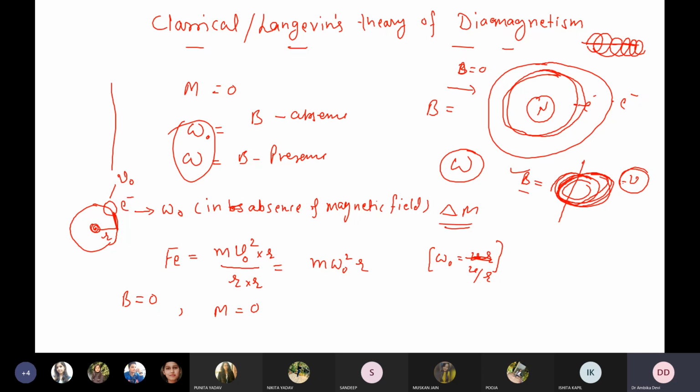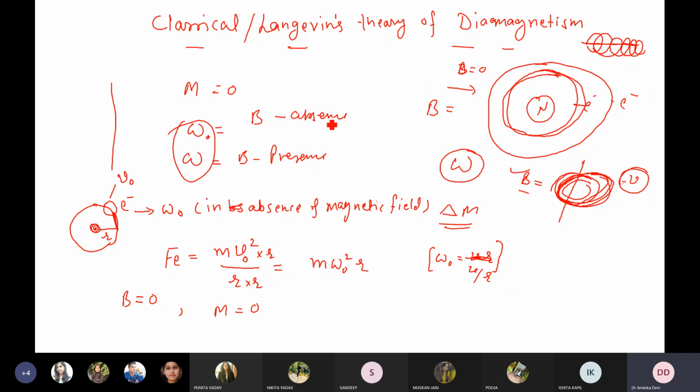Then we started with this Langevin theory, which is the classical theory of diamagnetism based upon Bohr's model of an atom. In this theory, I told you that since the electrons are revolving around the nucleus, it will behave like a current loop, and hence a magnetic moment will be generated in a direction opposite to the direction of the applied field.